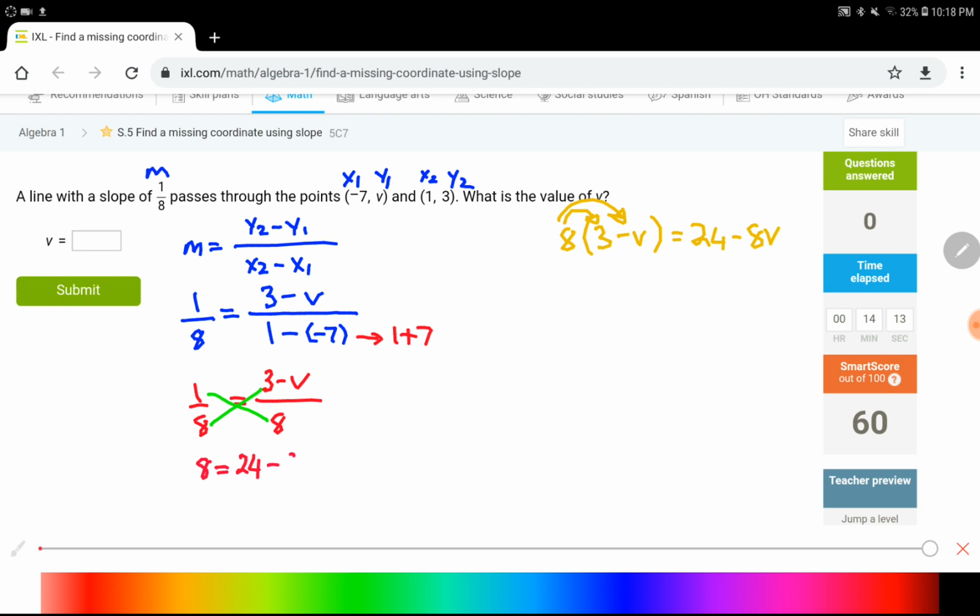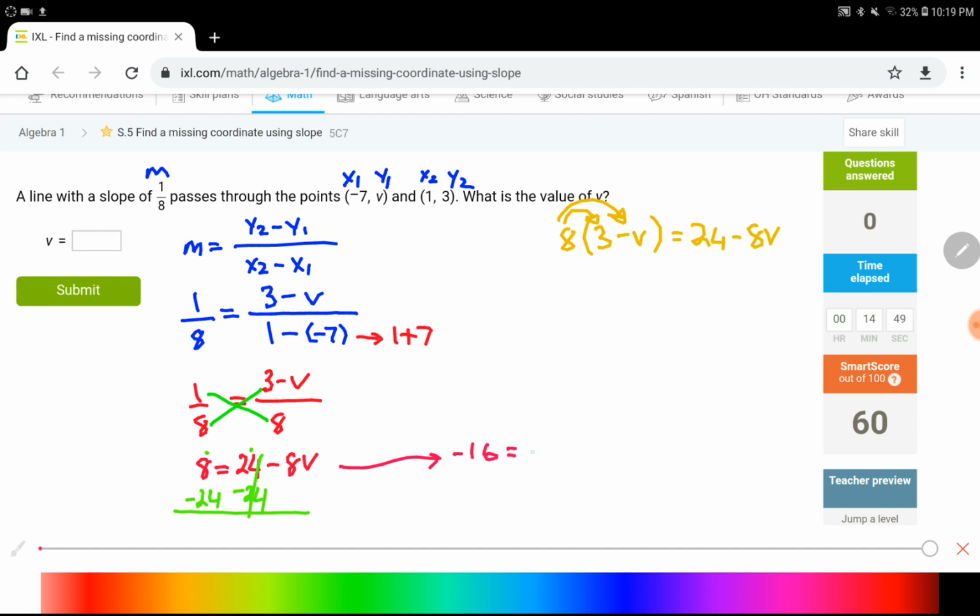24 minus 8v. Please, when you have this sort of a question, do not try to cancel out 8 by 8v or something like that. They are not even like terms. So to get the v by itself, I want to get rid of this 24 by subtracting it. 8 minus 24 is negative 16.